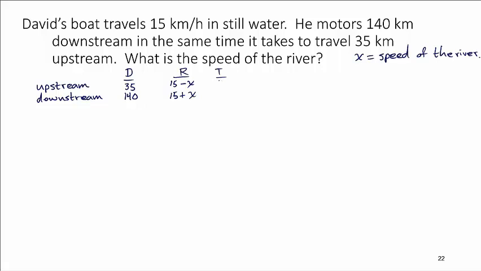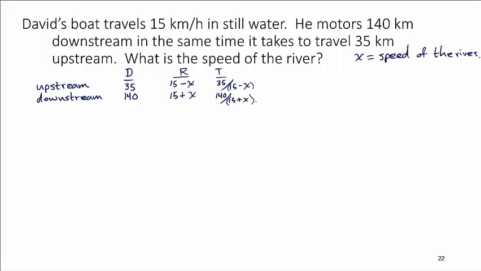And then the time, of course, is 35 divided by 15 minus x, right? So distance divided by rate. And for the downstream case, 140 divided by 15 plus x.